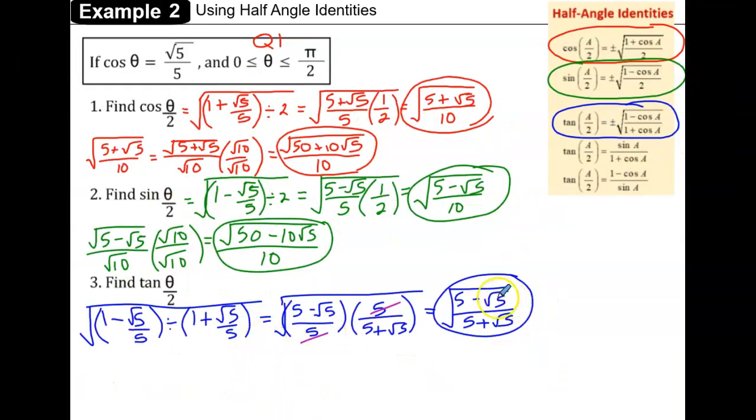Okay, to rationalize that denominator, we're going to take the square root of the numerator, which is 5 minus square root of 5, as the radicand, divided by the square root of the denominator, 5 plus root 5. And then we're going to multiply the top and the bottom by that denominator, 5 plus root 5.